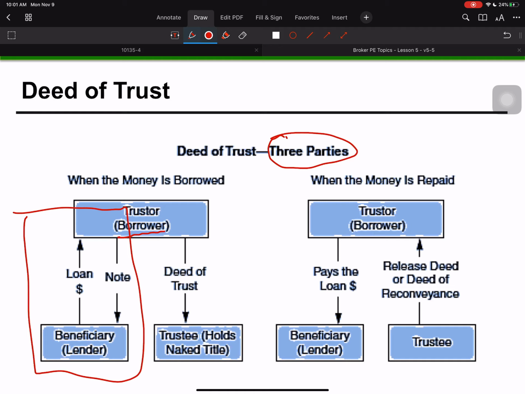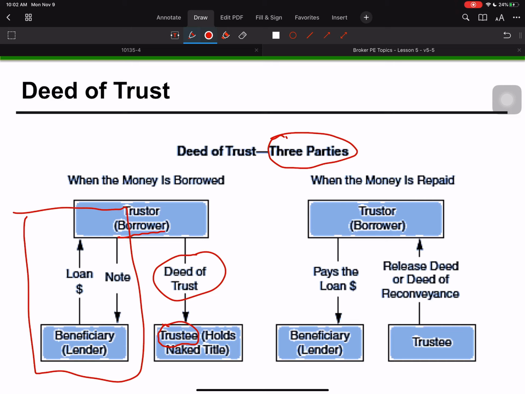So the trustor gives a note, the beneficiary gives out the loan, and the trustor conveys. Remember, if we convey something, we're giving something. They convey the deed of trust, and the trustee, so this is a third party, holds naked title.